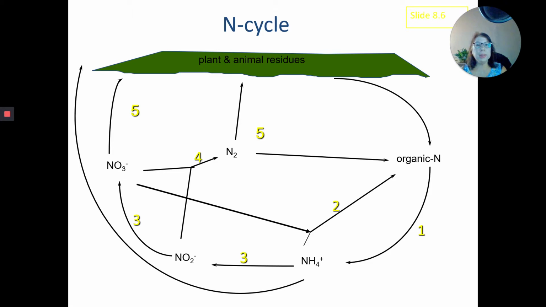But there are some instances that your NO3 will just simply release its oxygen to become binary nitrogen. This binary nitrogen could either go back to the plant or animal itself, or to the living organism, or it will go back to the soil.